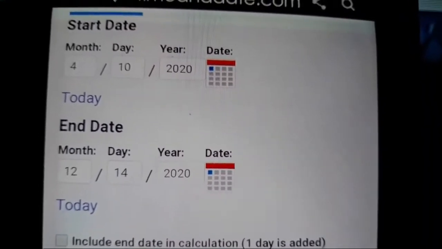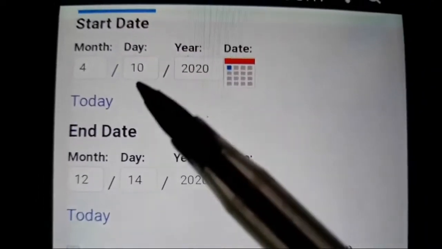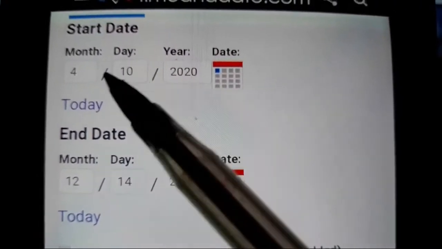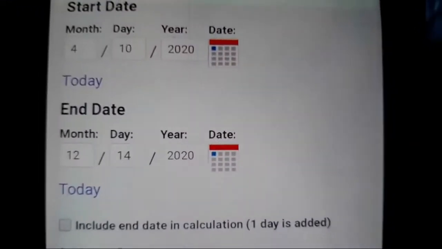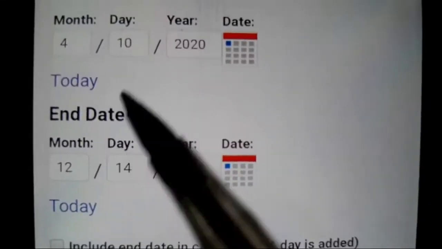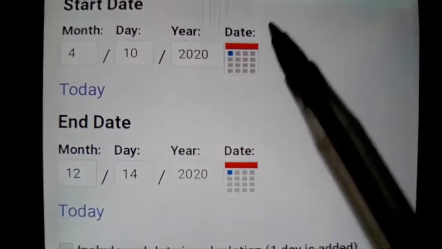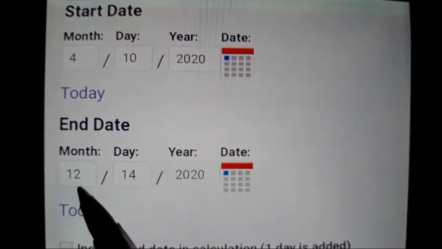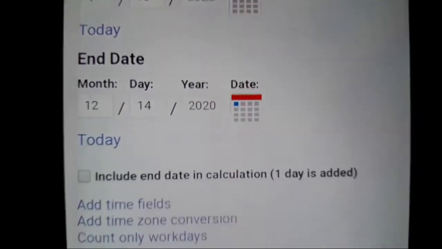So from Vernon Presley's birthday, 4/10, not the year, forget the year here, and Washington's death day, not the year, okay? Just the days in between. What do we get here?